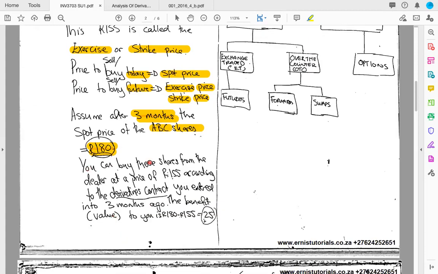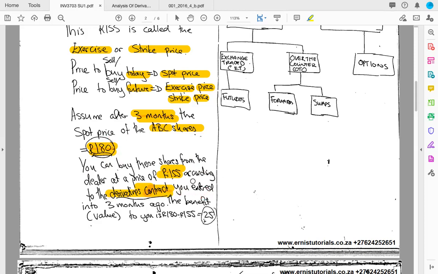Okay, so you can buy these shares from the dealer at a price of 155 Rand according to the derivatives contract that you entered into. So you entered into a contract that guaranteed the price you're going to pay, whereas everyone else is paying 180 Rand 3 months later in the spot market.